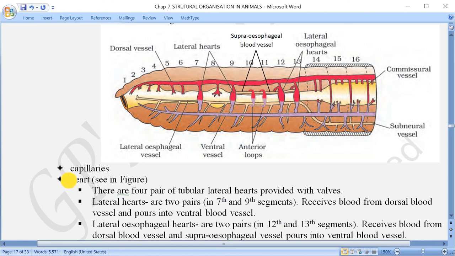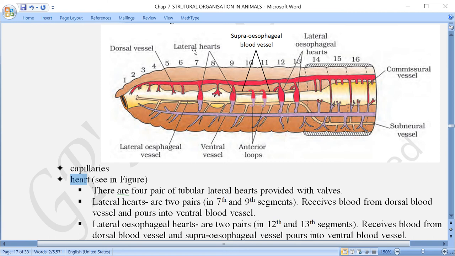Coming to the heart over here. If you have noted down in the figure here, there are 4 hearts you can see here. Actually it is in pair. One we can see here in this figure. One is on the other side of the alimentary canal. This is a 2-dimensional figure, right? And we cannot see the one which is behind the alimentary canal here.